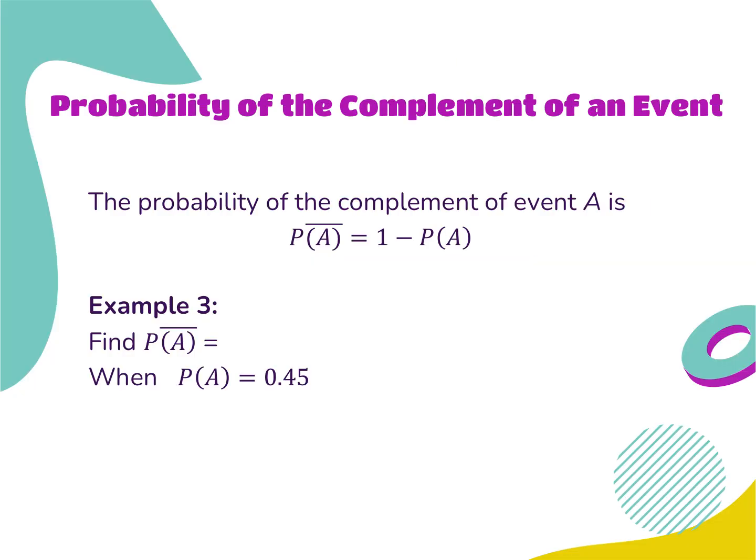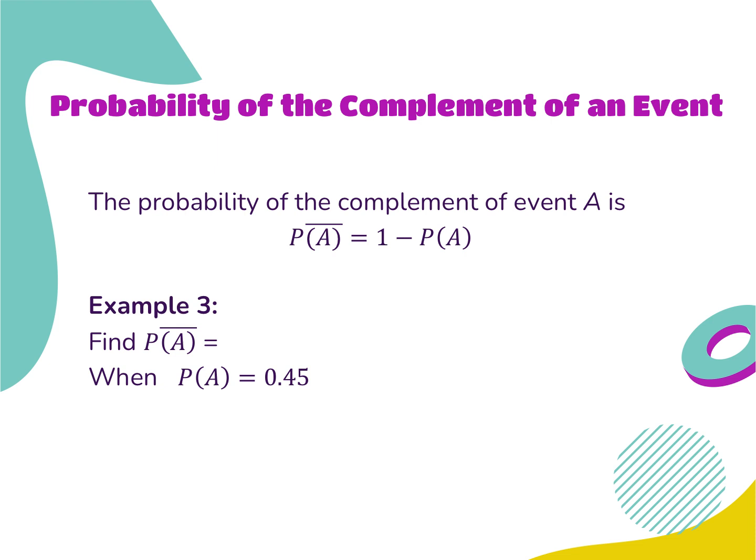All right, it's asking probability of the complement of an event. When we're giving the probability of an event, it's looked at as 0 to 1, or you could think of it as a percent, which is 0 to 100%. If you're looking at it as a percent, your probability has to be in percent form.